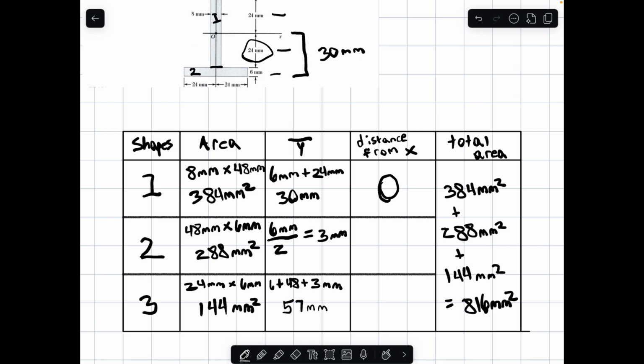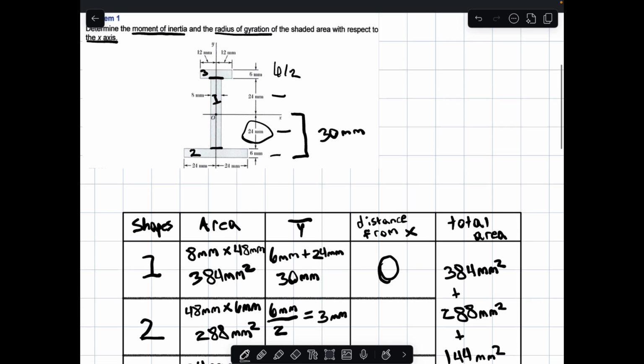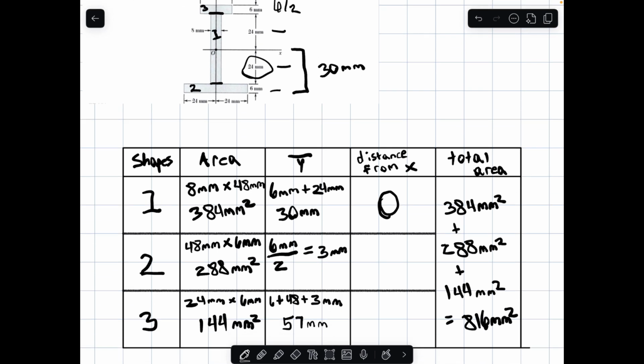Then for our second shape, we are going to do 30 minus 3, and this will give us 27 millimeters.